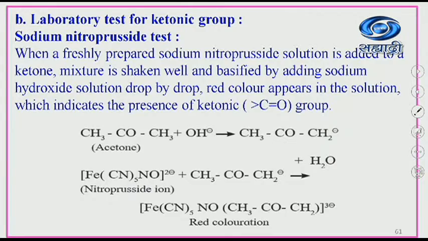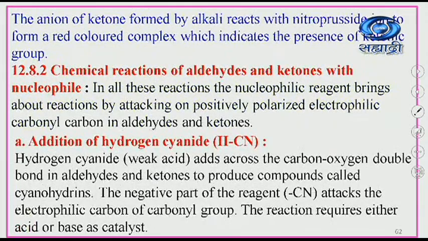Next property we'll see: chemical reactions of aldehydes and ketones with nucleophiles. In all these reactions, the nucleophilic reagent brings about reactions by attacking the positively polarized electrophilic carbonyl carbon in aldehydes and ketones. Then, addition of hydrogen cyanide, HCN.